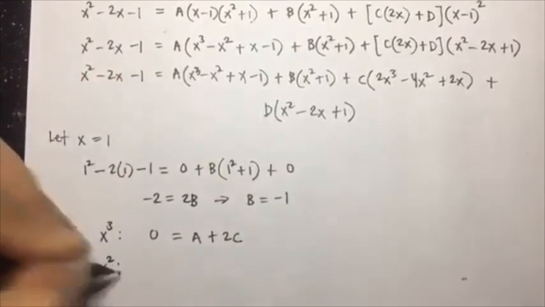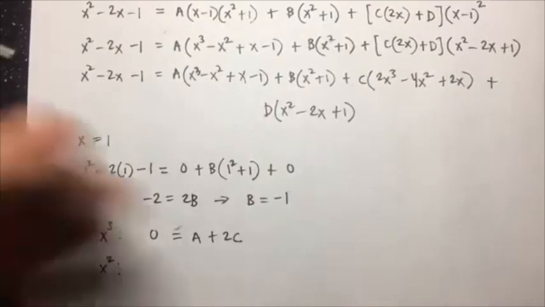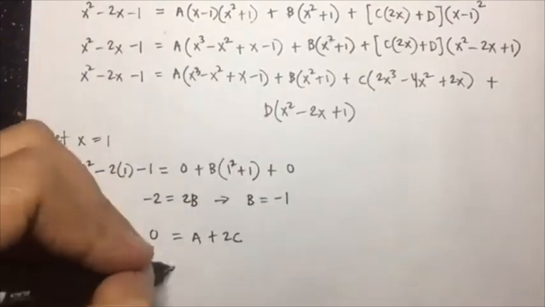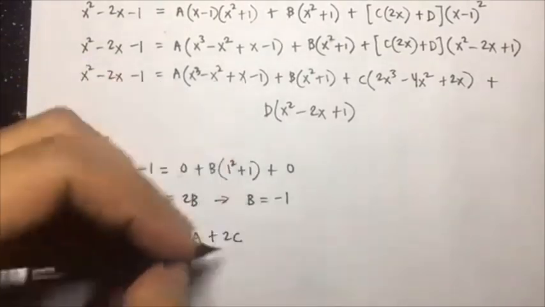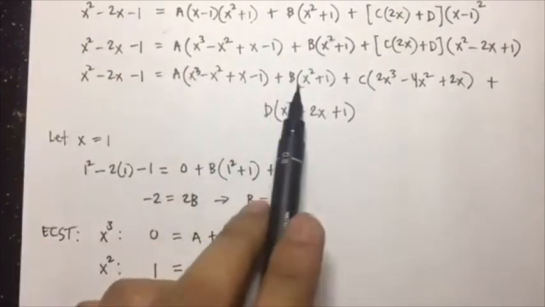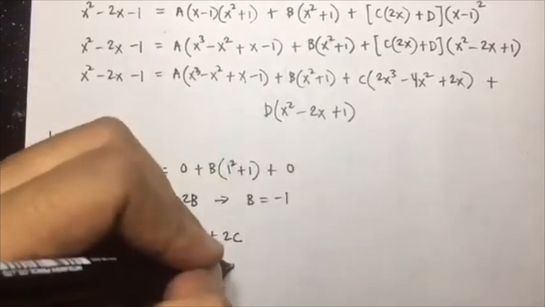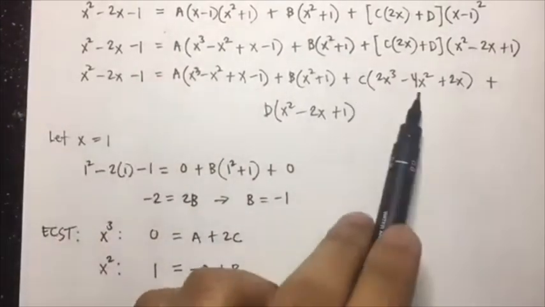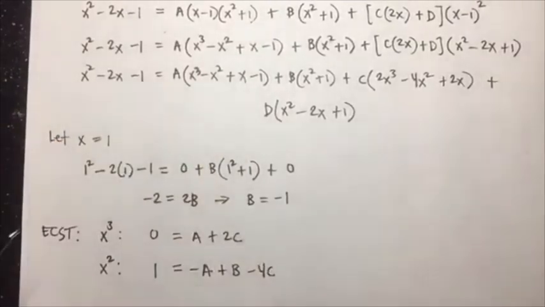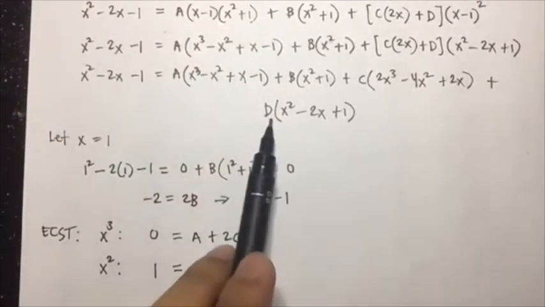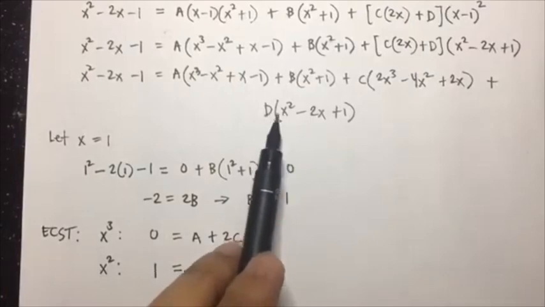For x squared, we have 1 on the left side is equal to negative a plus b minus 4c plus d.